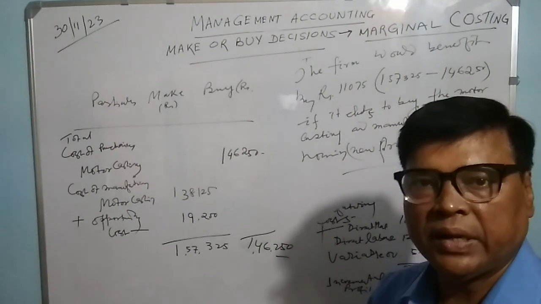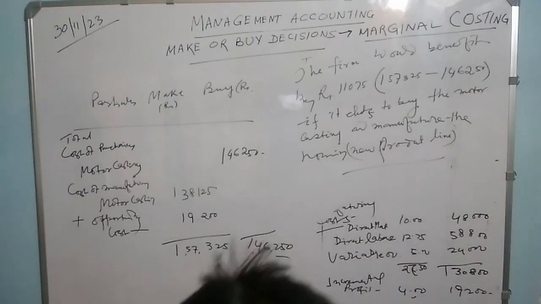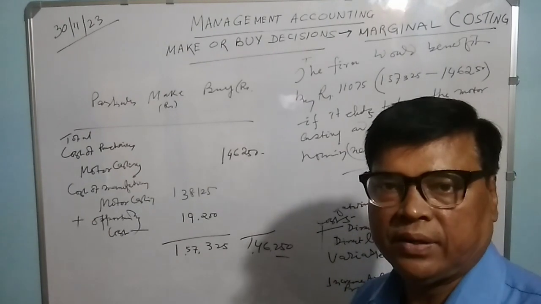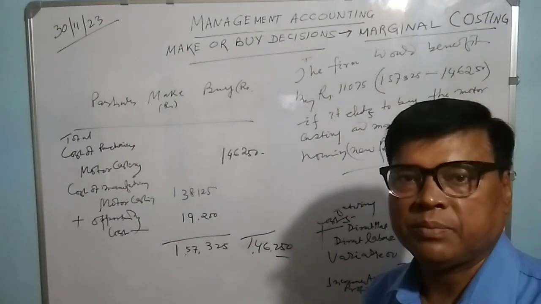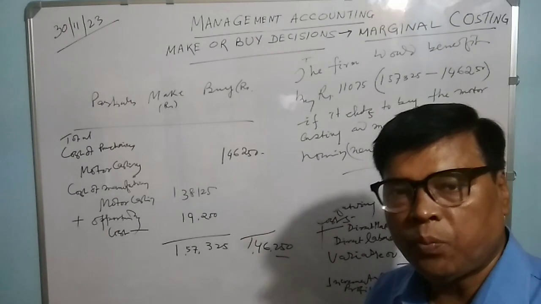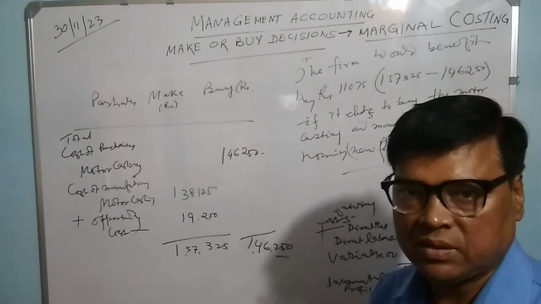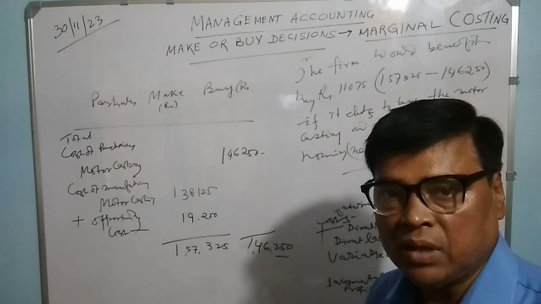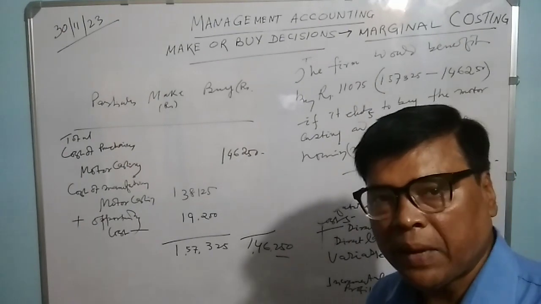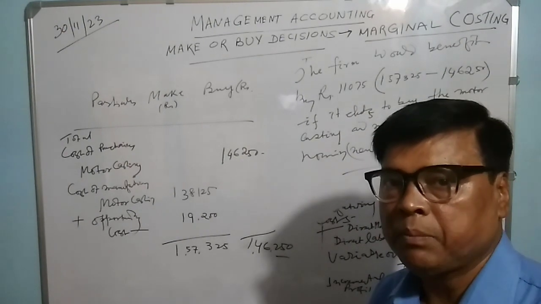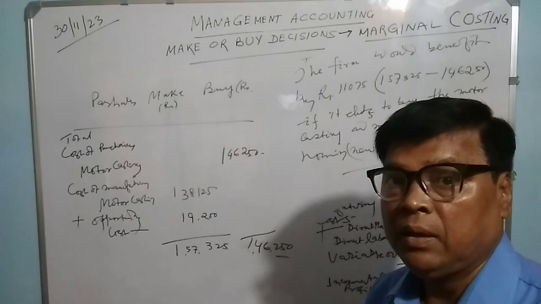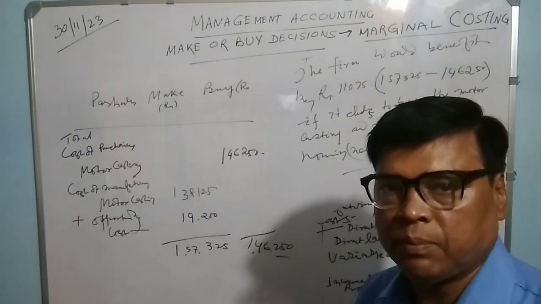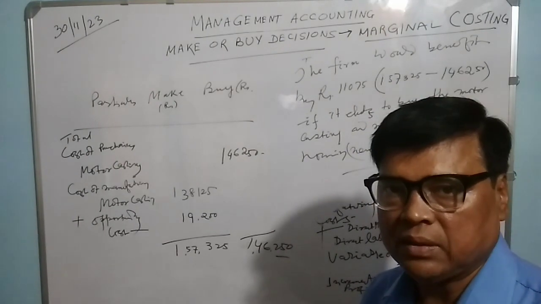So whenever you are taking any decision by applying your marginal costing concept, you have to see what the opportunity cost concept utilization is behind that decision. Without applying opportunity cost, your decision will not be final enough, and at the same time you might be losing some revenue which you could alternatively gain from this project.